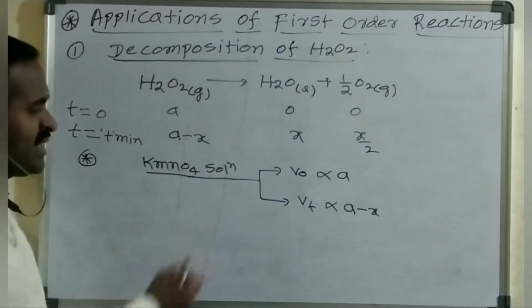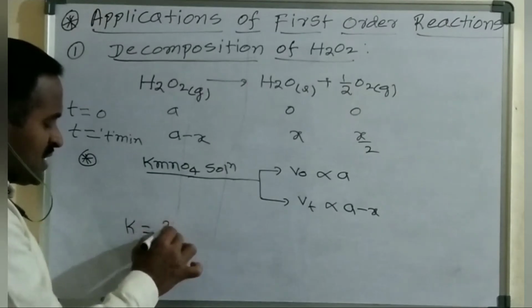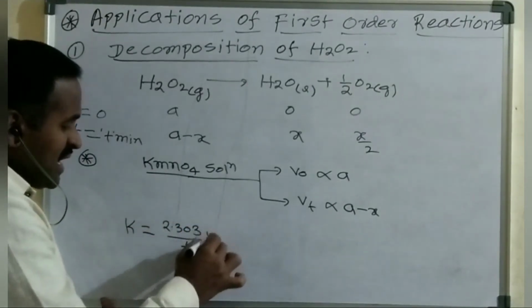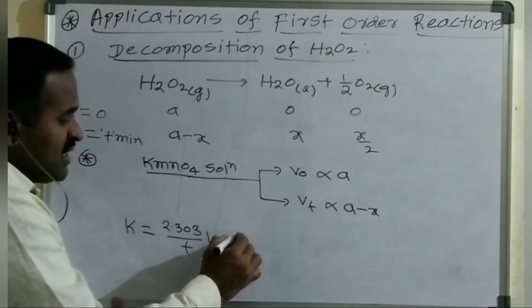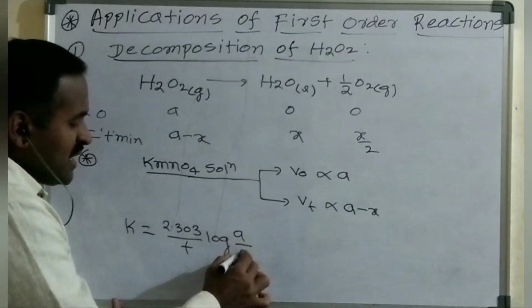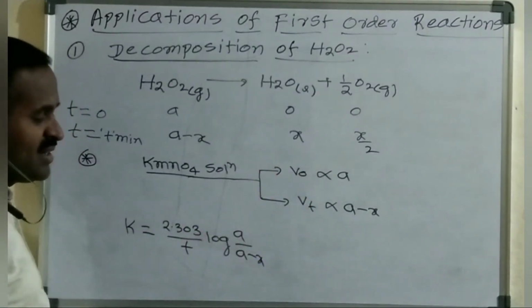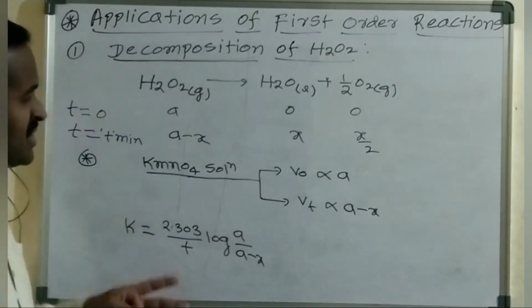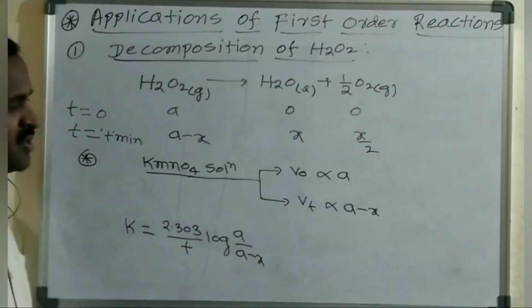So we write the first order rate constant k equals 2.303 divided by t times log a by a minus x. Instead of a we can write V0, and instead of a minus x we can write Vt, because this estimation is done in terms of the volume of KMnO4 solution.